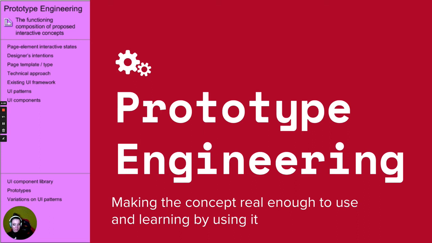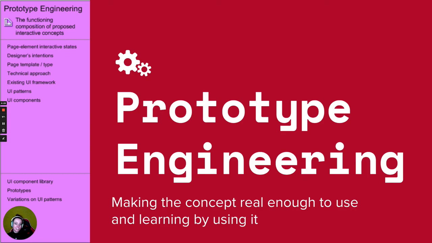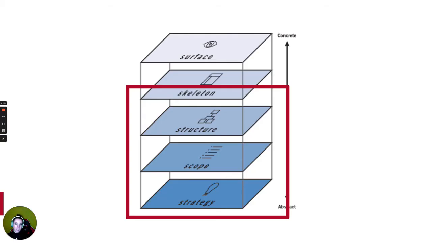And then prototype engineering, which is the skill of making concepts real enough that we can have people use them and learn from that interaction. So it's a way of testing a lot of what we've seen already with real usage. And so that's going to cover usually strategy, scope, structure, and maybe a bit of skeleton. You often don't include surface elements in a prototype, but you can.